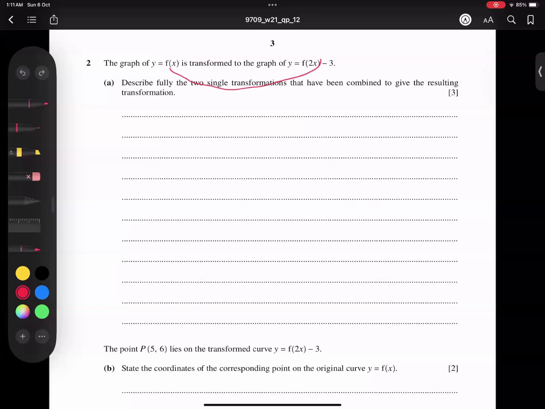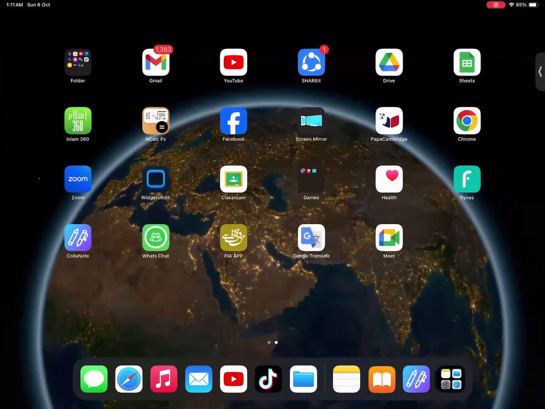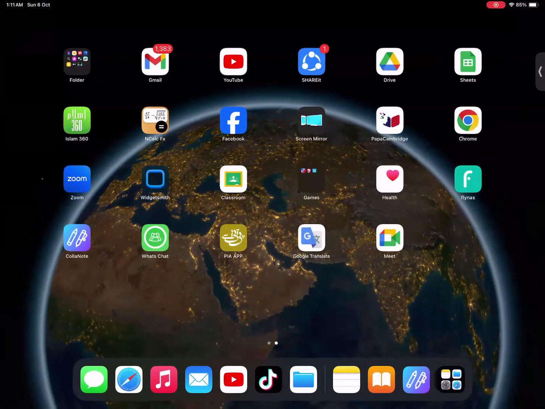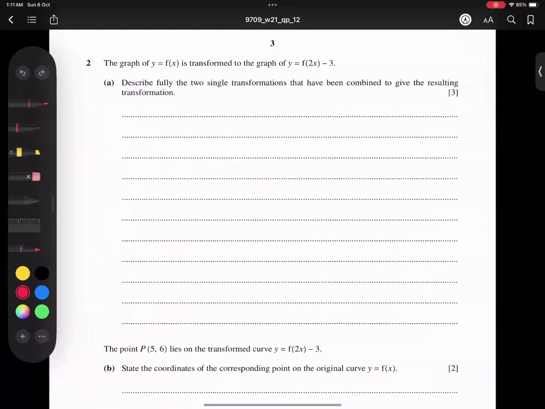You can see there are two things here. One is inside the bracket, 2 times, and I just said that inside the bracket, the multiplying factor is called the stretch factor. If it is inside the bracket and multiplying, then the reciprocal is the stretch factor. And negative a means going down. So let's have a look again.